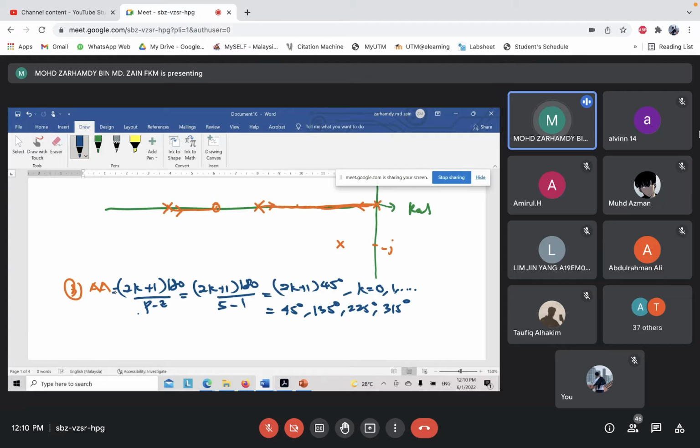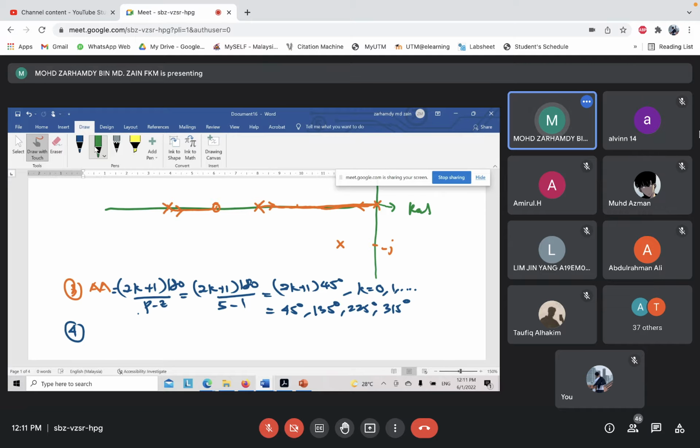So we have 4 angles, which means we have 4 boundaries on this S plane. So the location of this asymptote angle is stage number 4.